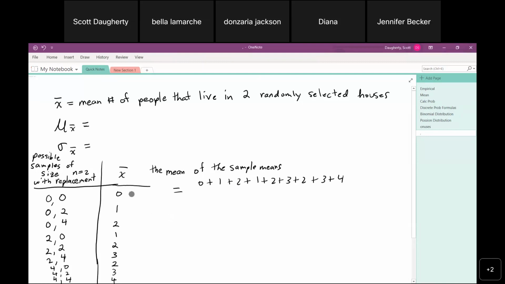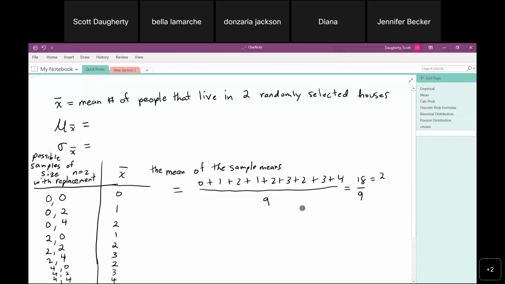I'm just adding these numbers up. Let me make sure I have all of them: 1, 2, 3, 4, 5, 6, 7, 8, 9, and then you divide by 9 to average it out. And you can see this is going to add up to 18 over 9, which is 2.